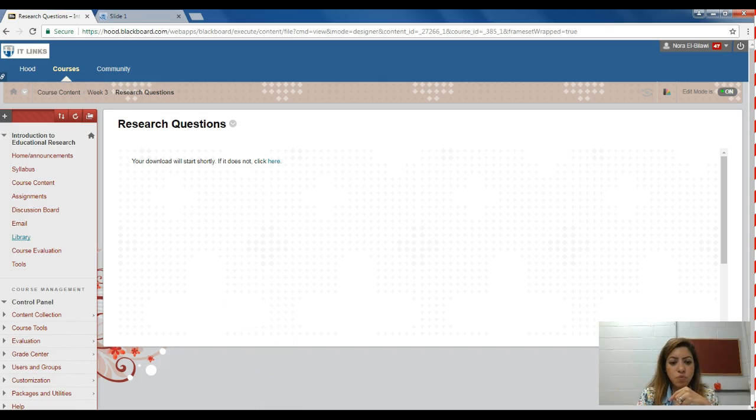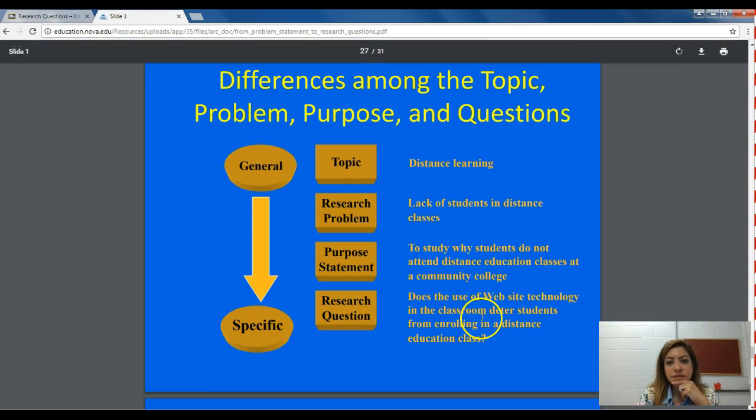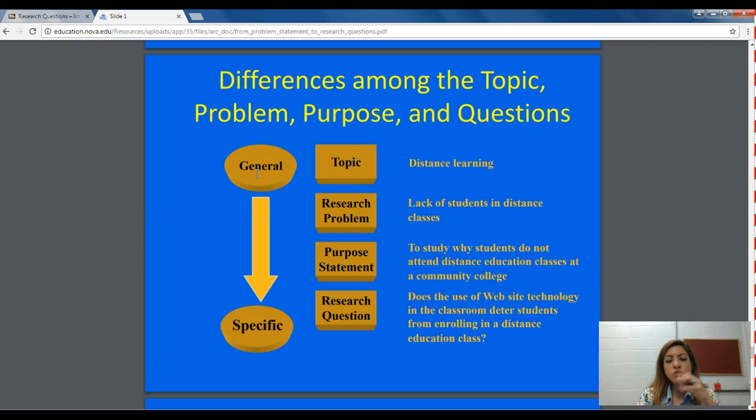I think there was one thing that I wanted to show, which is this difference. So this is your general idea. It starts there, right? And throughout this process, you get to identify the specific. Like I just explained to you, you have the topic right there.